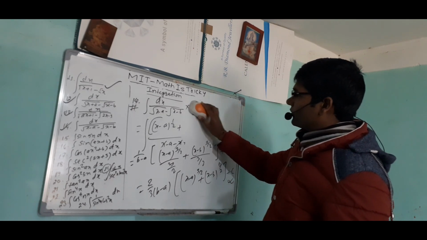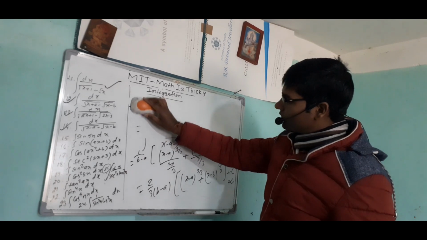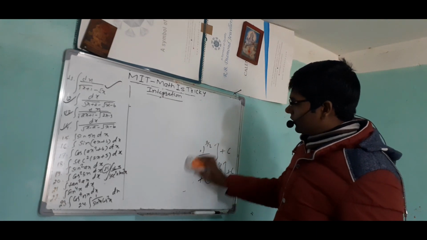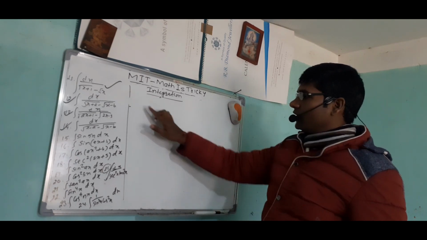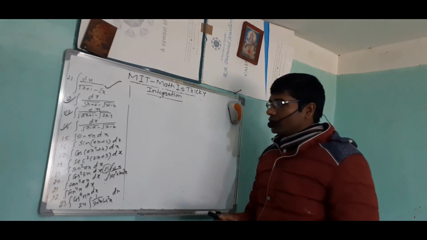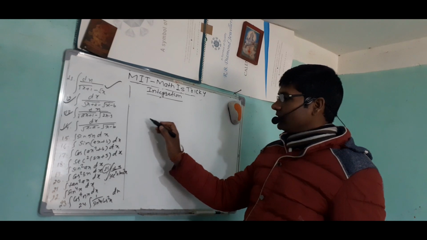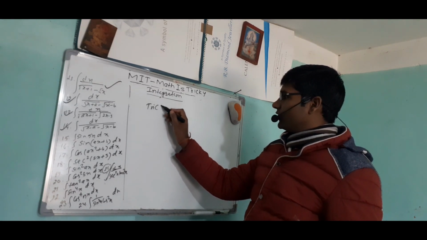Now I'm going to solve another question for you, and all the other questions are based on trigonometric functions. So hope you remember the formula. Here is one trick for you.